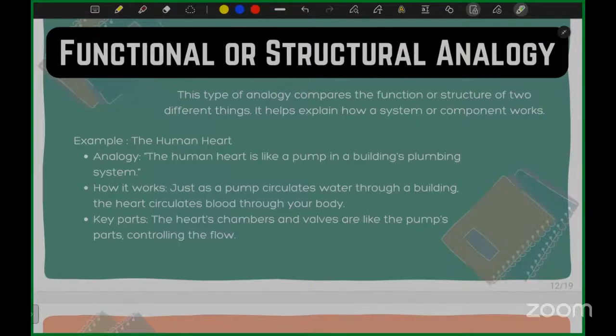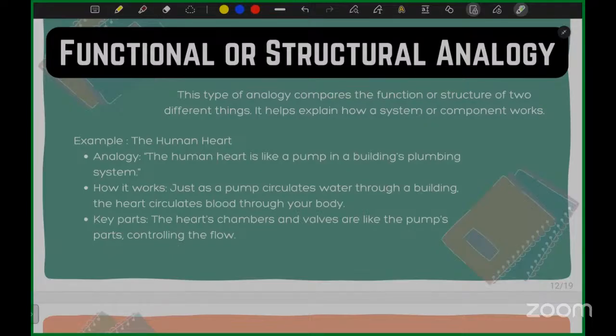For example, if you're a science teacher and you need to explain the functioning of a heart, you can relate the human heart to a building's plumbing, the water connection, where pipes are arranged on all the floors, restrooms and kitchens everywhere, and connected to a main source, the water tank down below. So what can we compare with them?